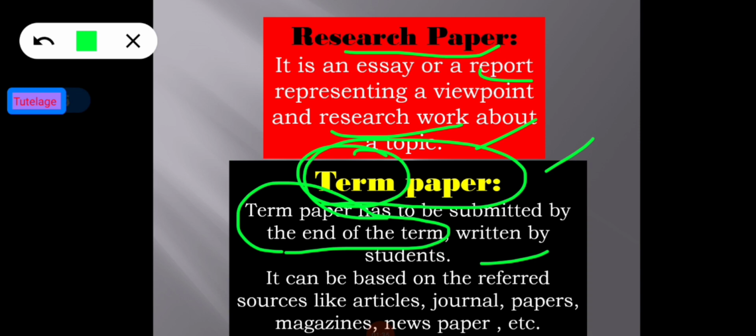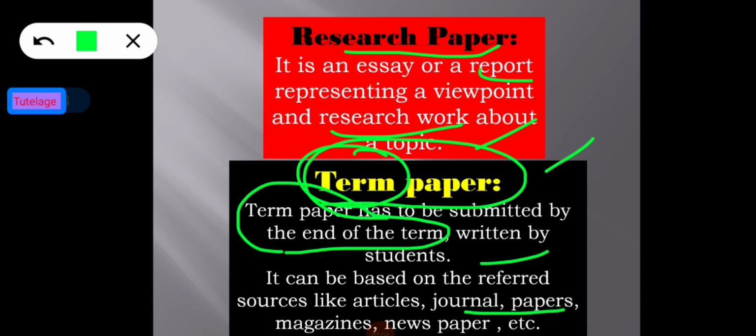A term paper is subject to evaluation and grading because it has to be submitted by the end of the term, and it can be based on referred sources like articles, journal papers, magazines, newspapers, online blogs, and the reports of different institutions, but these should be cited properly in the references section. The sources can also be mentioned in the footnotes.